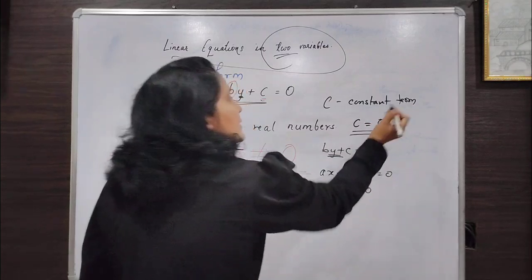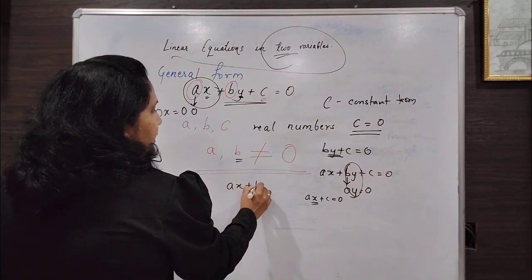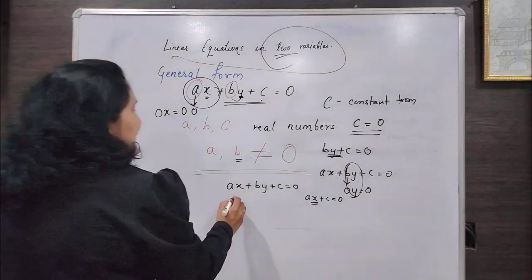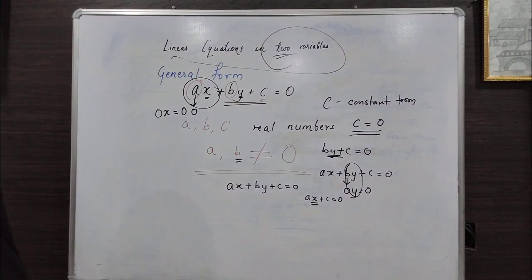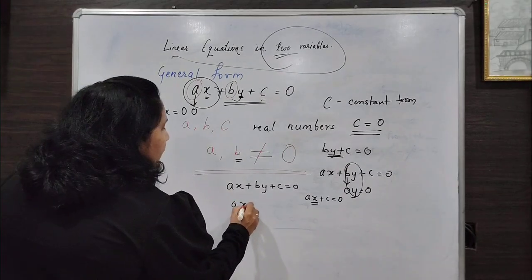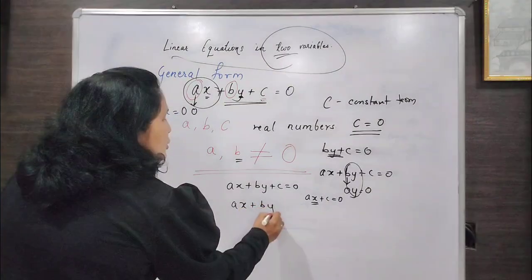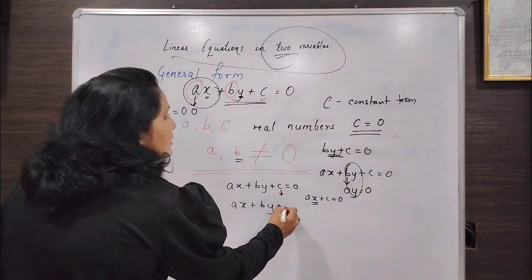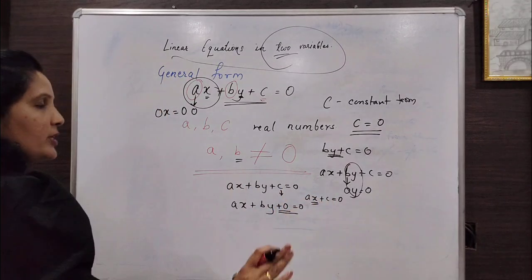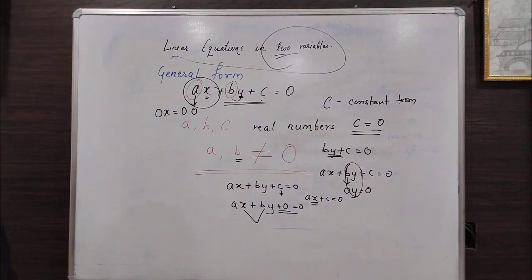Even c can be 0. If it is ax plus by plus c is equal to 0, a can remain any non-zero number and b also will be non-zero, and if I consider plus 0 is equal to 0, this will not affect the equation because we still have the equation in two variables.